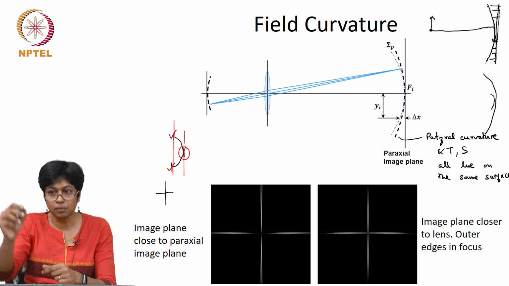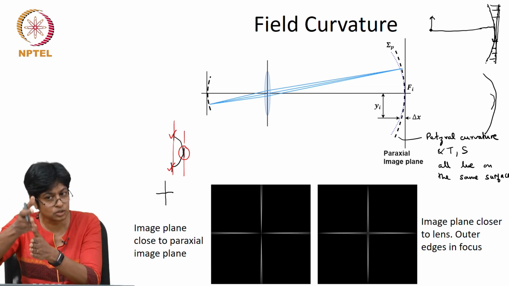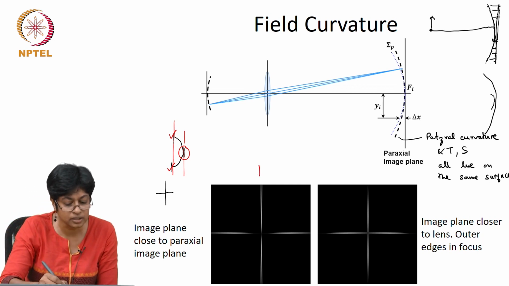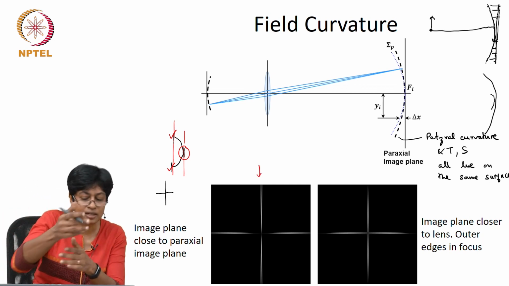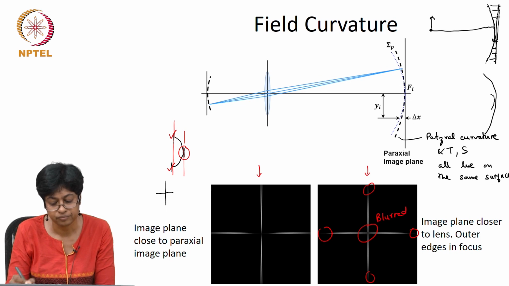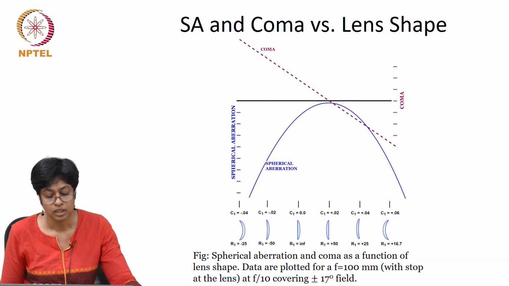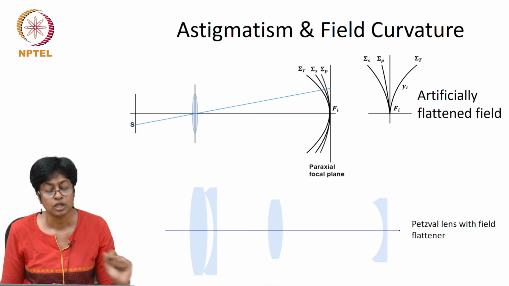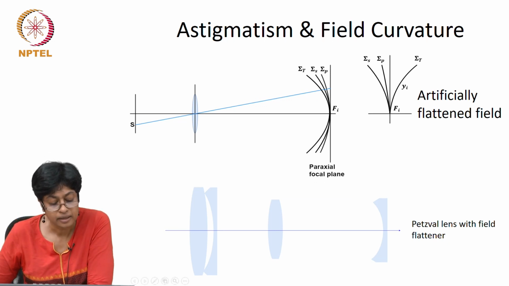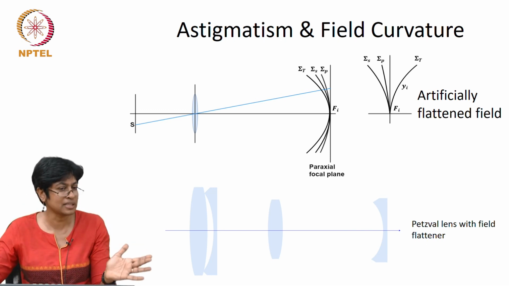So my image is formed on a curved surface. The paraxial rays are focused closer to the axis. So when the screen is here, you get those rays in focus. And then I move the screen and the outer regions are in focus, and this is all blurred. This is what I was saying: for an off-axis point, these three planes start to separate out.